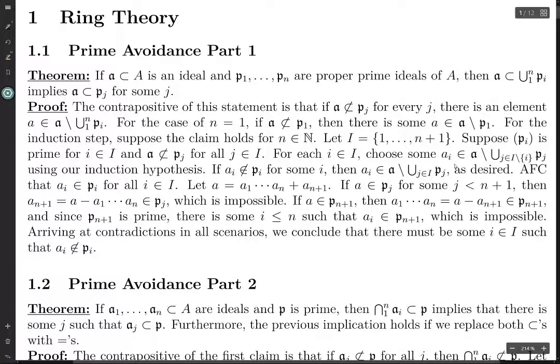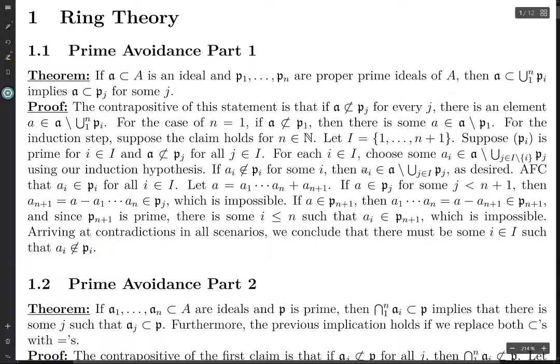Alright, so we have a_i is in A, but it's not in the union of the P_j where j is not equal to i. So now, if there is some i such that a_i is not in P_i, then we're done, because then a_i is in A, and not only is it not in the union of the P_j where j is not equal to i, it's also not in P_i for that particular i, and so it's not in this union.